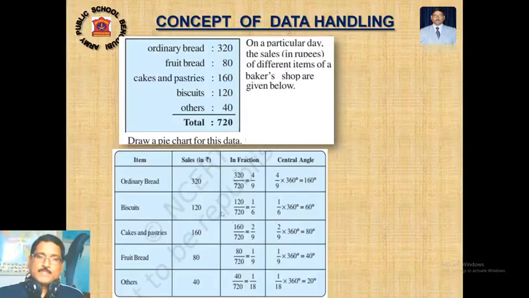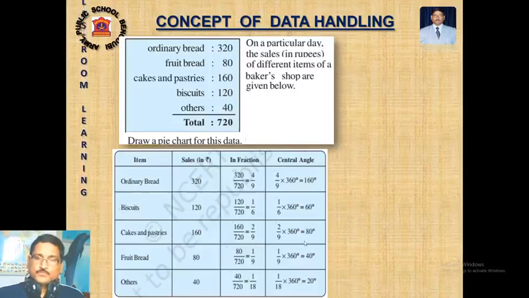Okay. Biscuits, its share is 120 rupees out of 720, so 120 by 720. After cutting, I am getting 1 by 6, and then multiplying to find the central angle, 1 by 6 into 360 equals 60 degrees. That means 60 degrees refers to the biscuits sold in that bakery shop.